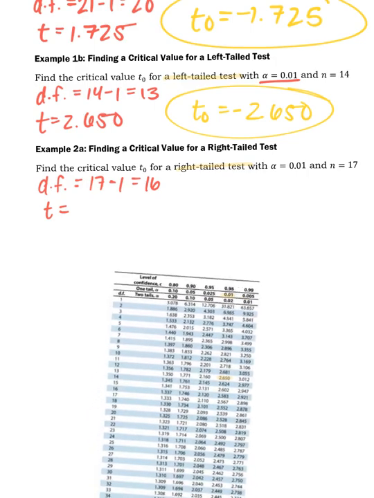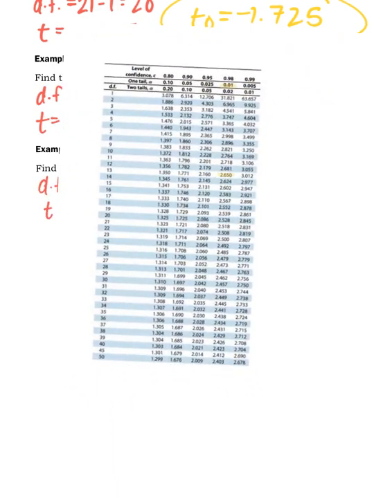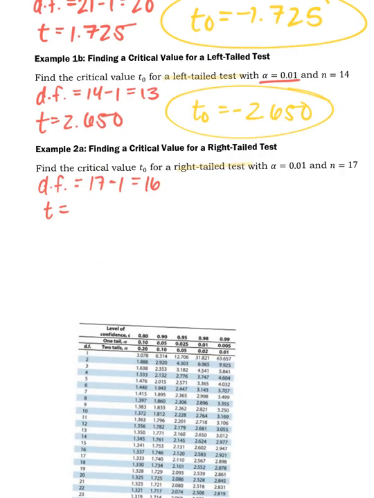So we've got level of significance 0.01, degrees of freedom 16. That puts me at 2.583. Okay, and then since this is a right-tailed test, we just keep it as a positive. Okay?